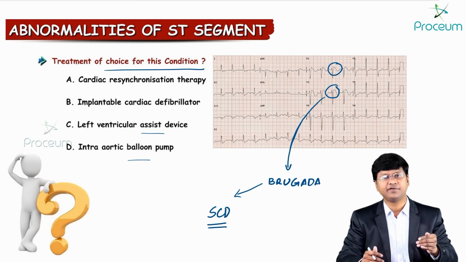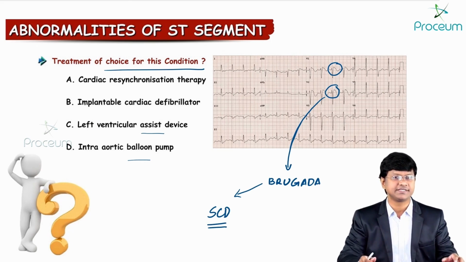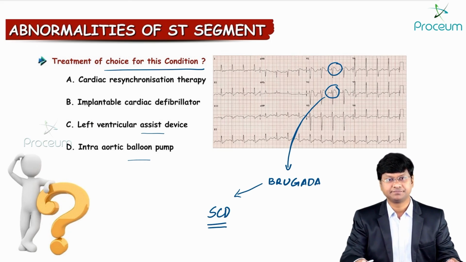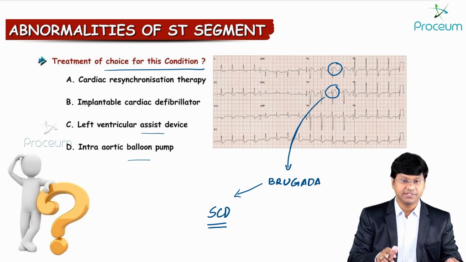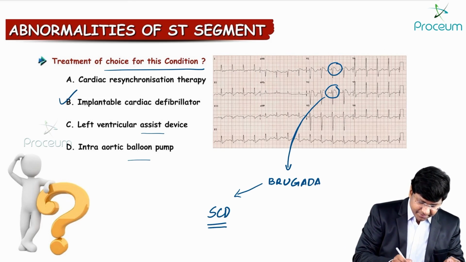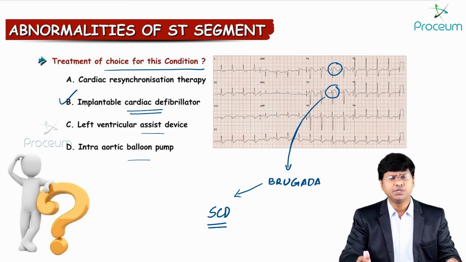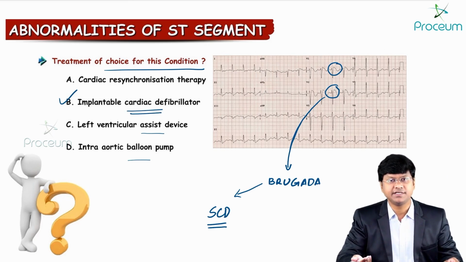But the other way of presentation is they will directly present with a sudden cardiac death. And what is the treatment of choice for this condition? The treatment of choice in this condition is the implantable cardioverter defibrillator. So what is the cause of death in these individuals?